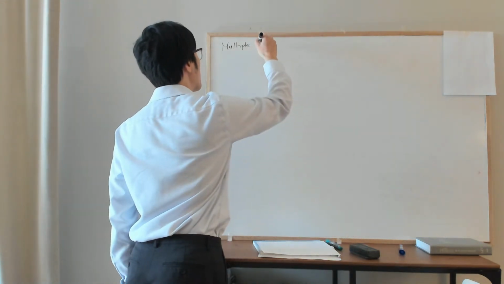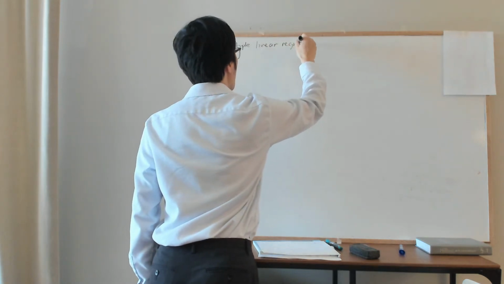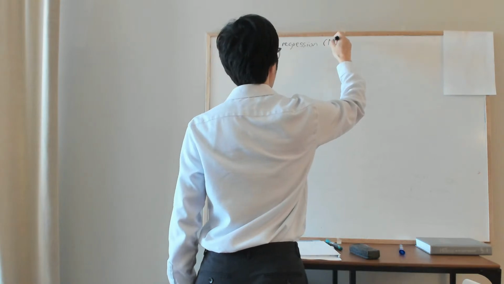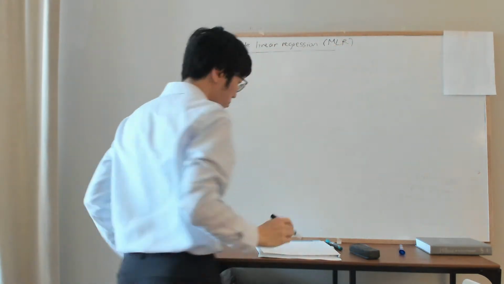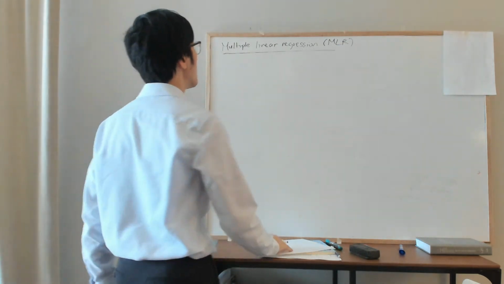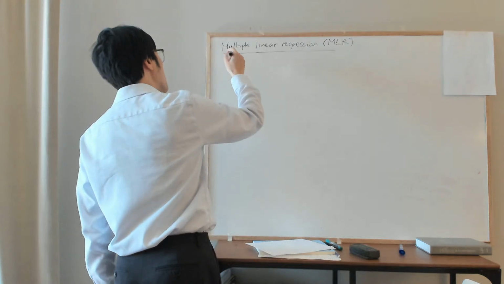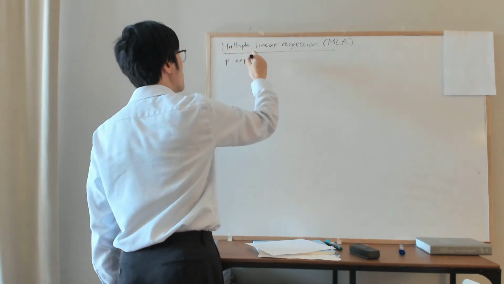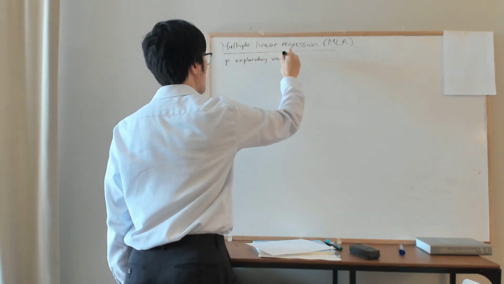So we'll call this multiple linear regression, and I can abbreviate this MLR. So we have p explanatory variables.